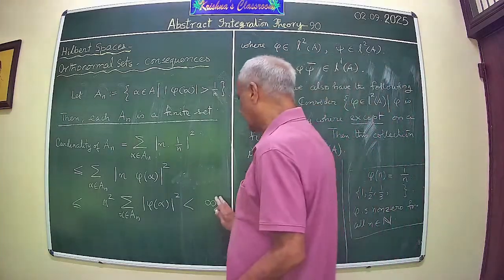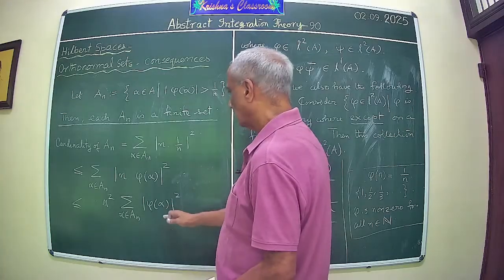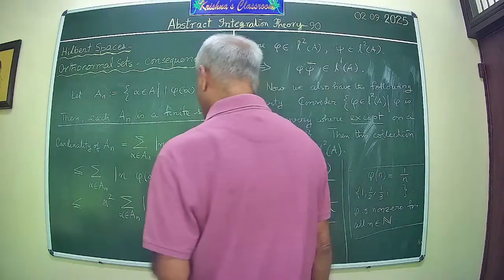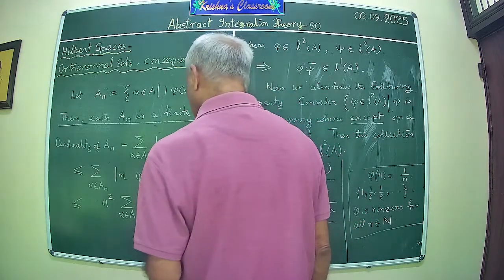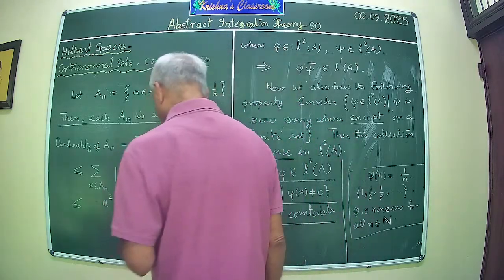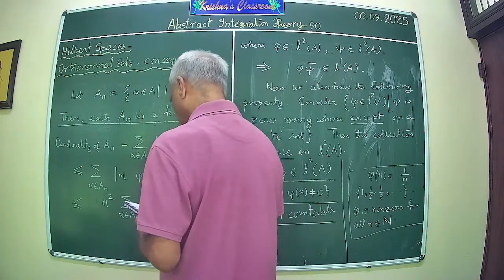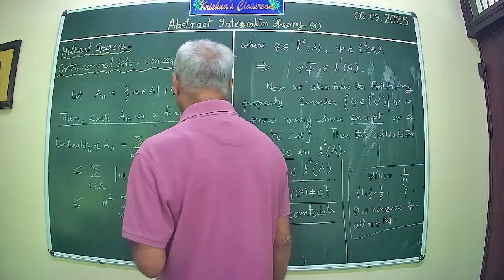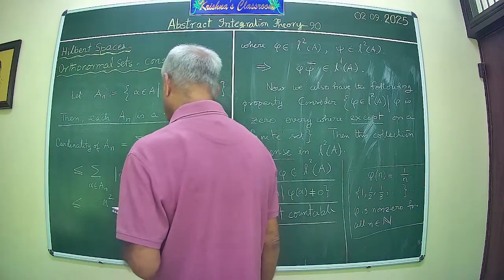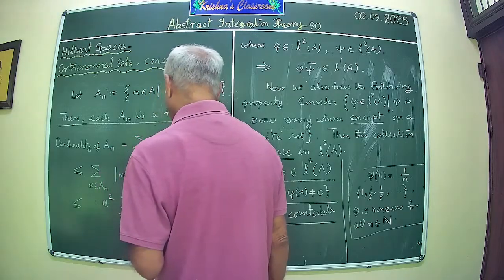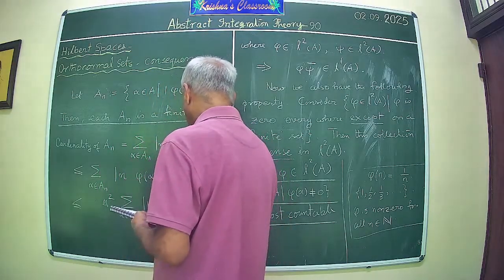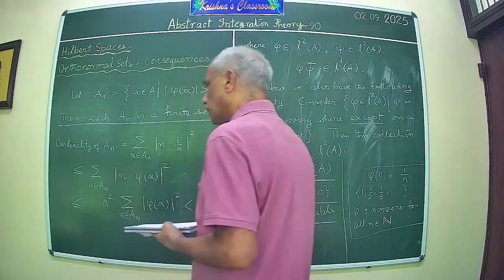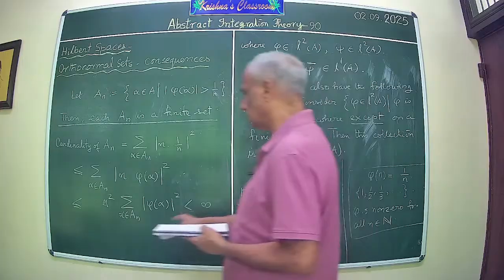Okay, this I can replace by the sum of |phi(alpha)| squared, because phi is an L2 function, therefore this is finite.